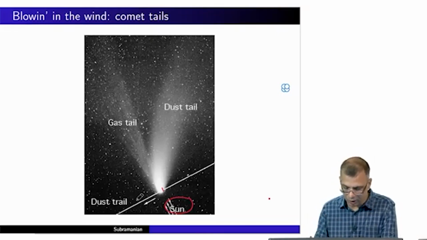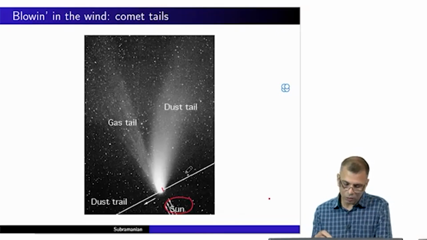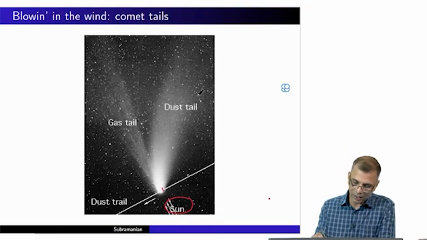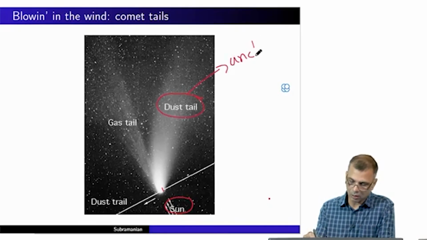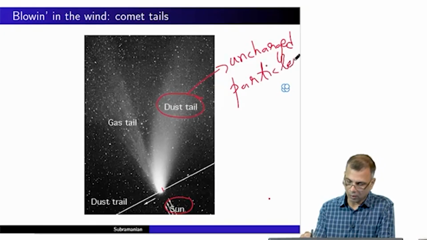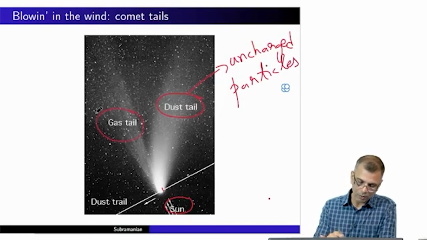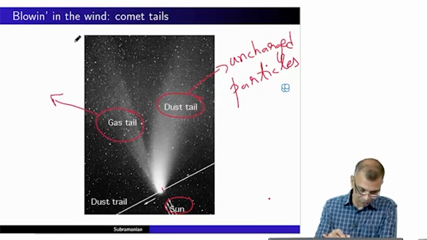This would be a typical comet, and it turns out that it has two kinds of tails. It has what's called a dust tail, and these would be essentially uncharged particles. And this would be a gas tail, which comprises somewhat of charged particles, not all, but some of them.